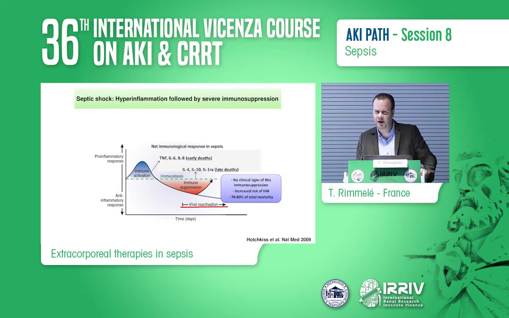And this immunoparalysis state that you have after a few days is extremely deleterious for the patient because at that moment, the patient cannot fight against secondary infections, cannot fight against viral reactivations such as CMV or HSV. And that's why the majority of the patients who die from septic shock die at that moment.